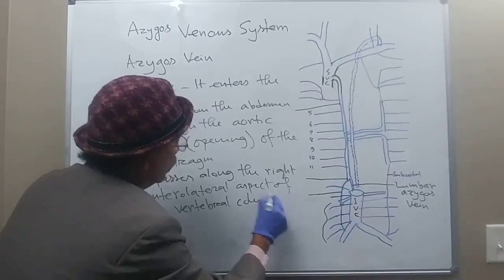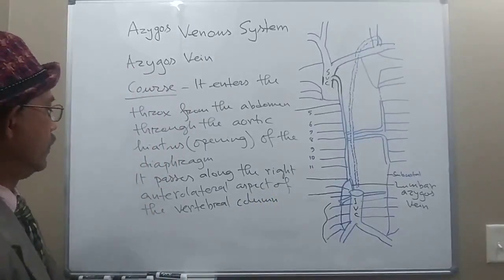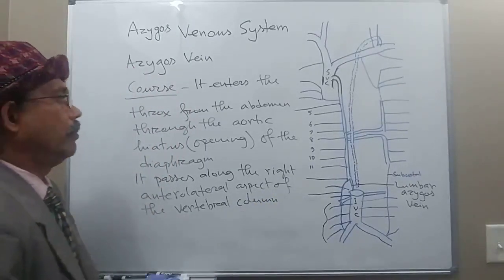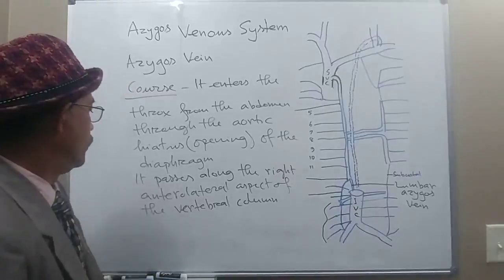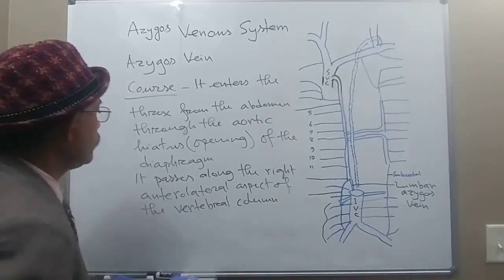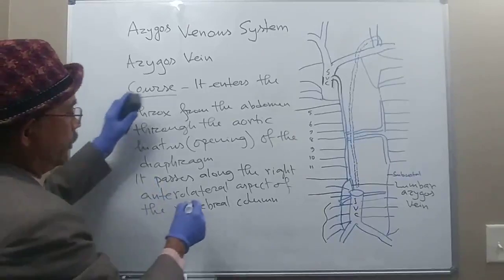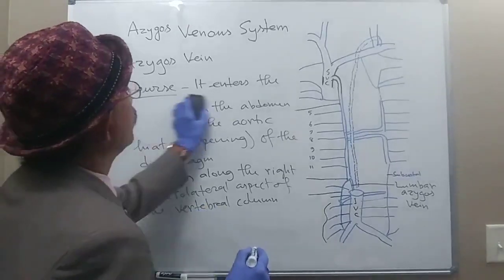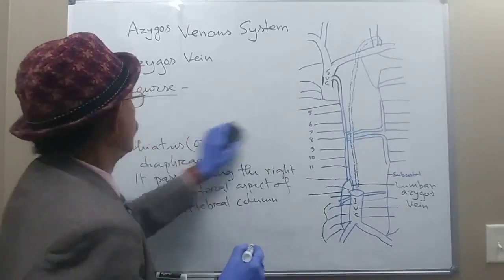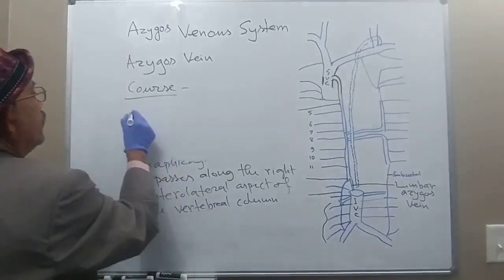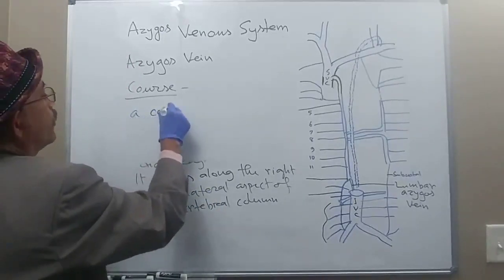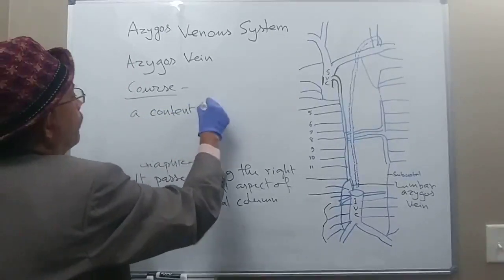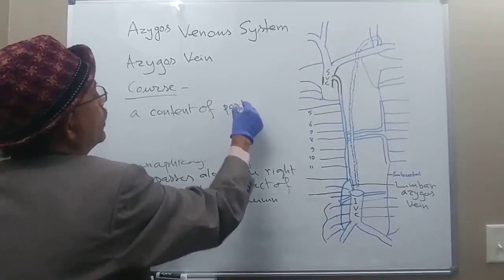Okay. We got that. So it is now in the thorax. It is the content of the posterior mediastinum.